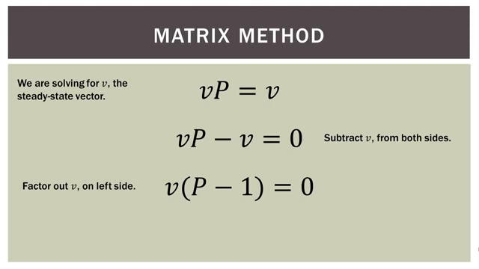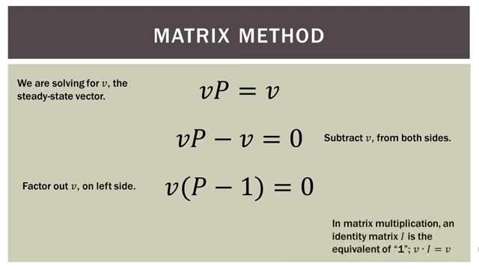Now the next step, you have to know a little bit about matrices. In matrix multiplication, an identity matrix, which we denote with the capital letter I, is the equivalent of 1. If I multiply V times an identity matrix, I would get V back. So another way to write this is V parentheses P minus I equals 0.